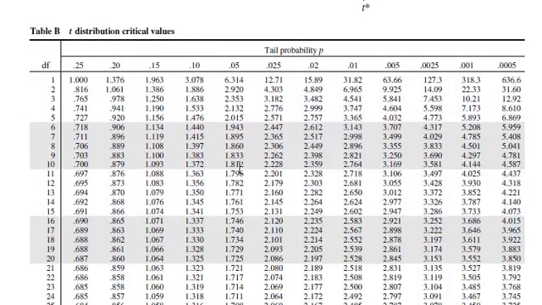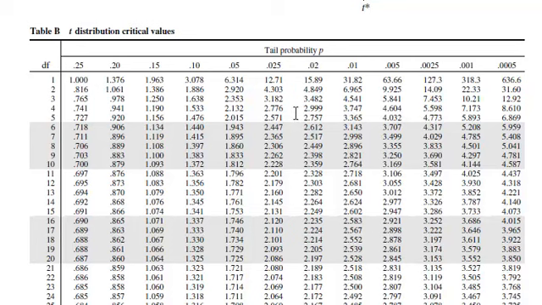Over to the left, you'll see all the degrees of freedom. Your probability is up here, and your t-value, your critical value, is going to be here. So it's kind of the opposite of the z-score. These are the t-values that we'll be using.